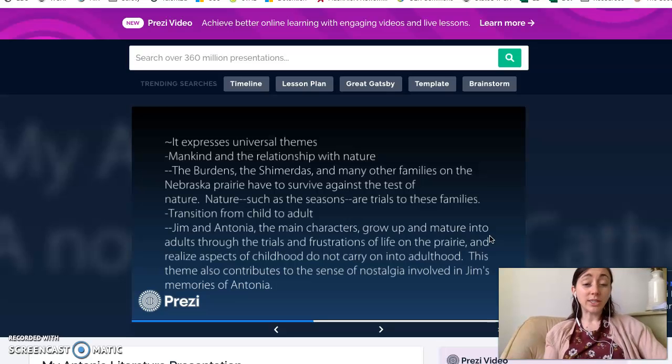It represents the transition from childhood to adulthood. And then Jim and Antonia, the main characters, grow up and mature into adults through the trials and frustrations of life on the prairie. And they begin to realize aspects of childhood that don't carry on to adulthood. This contributes to a sense of nostalgia that is wrapped up in Jim and Antonia's memories.